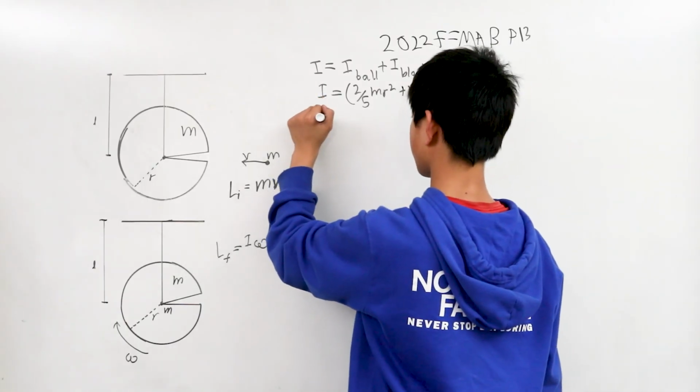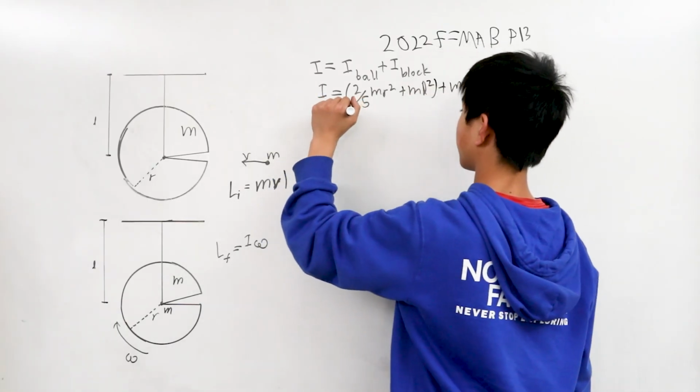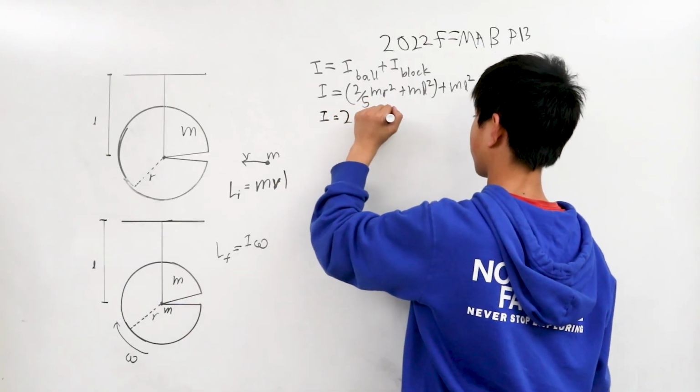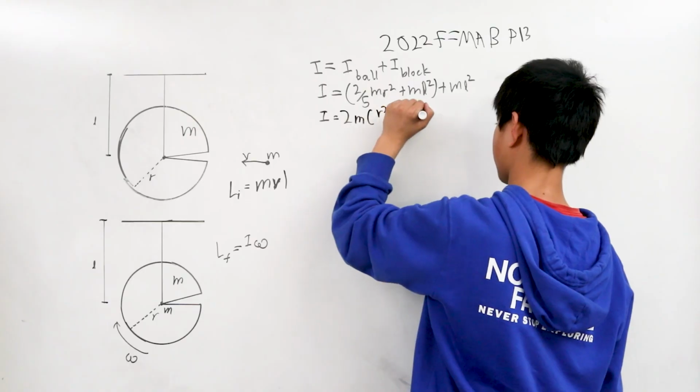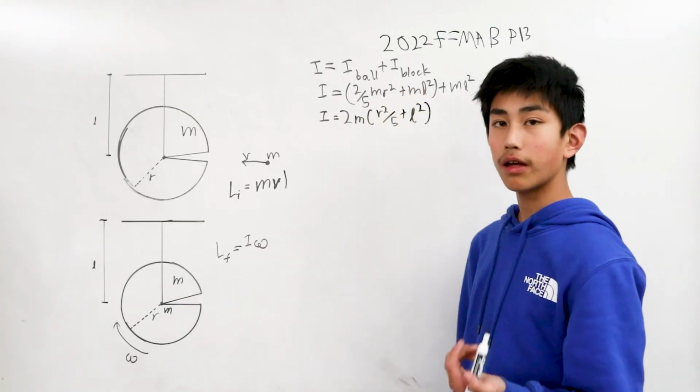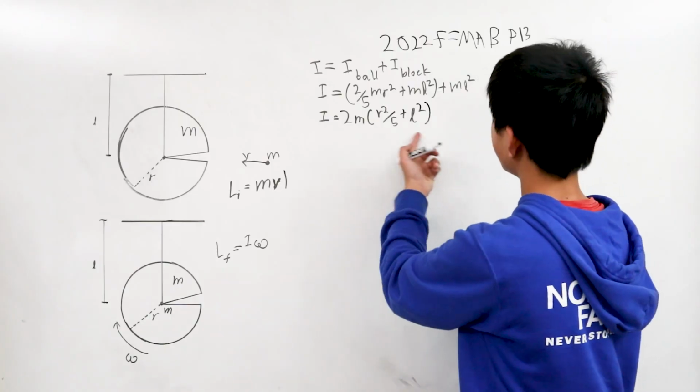You could simplify this down by removing a 2 and an m. This is R squared over 5 plus L squared. Simply that. So we have an equation for inertia now.